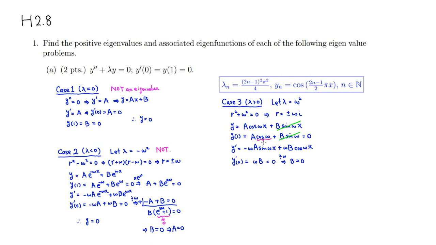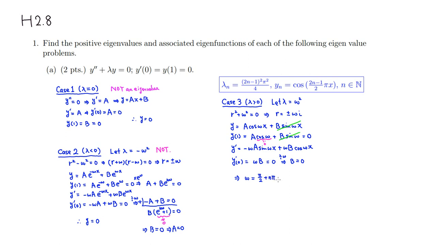In order to have cosine of omega equal to 0, the angle has to be pi over 2 plus any multiple of pi. So omega is equal to pi over 2, so that the cosine will be 0, and then you can add any multiple of pi, so I'm going to put n pi.